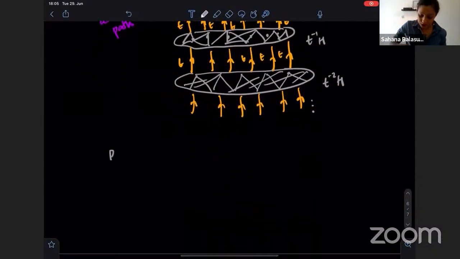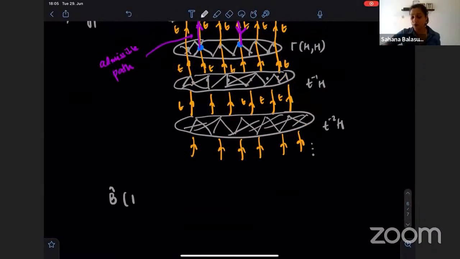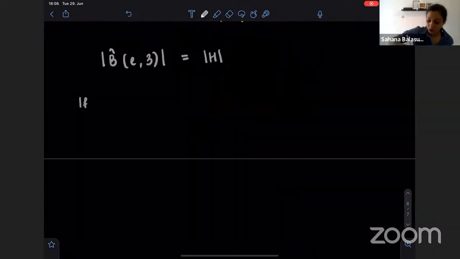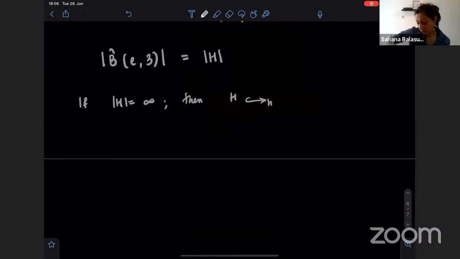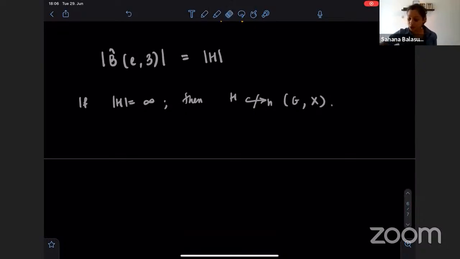But what does that mean? What that means is that if I consider the ball centered around the identity, which of course is an element of my subgroup, let me call the identity E, and I consider the ball of radius 3 in this admissible path, well, its cardinality, because of this argument, is actually going to equal the cardinality of H. And what that means is that if the cardinality of H is infinite, then H does not hyperbolically embed into my group G with respect to this specific X that I had, which of course, as you may remember, was T and T inverse.